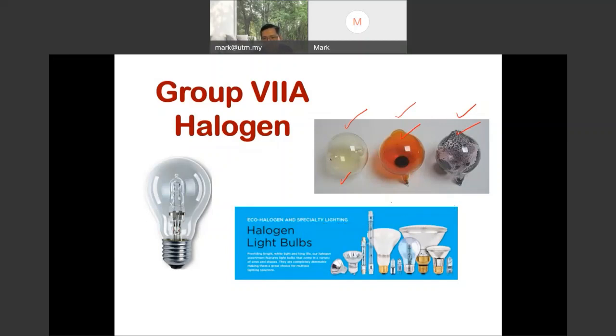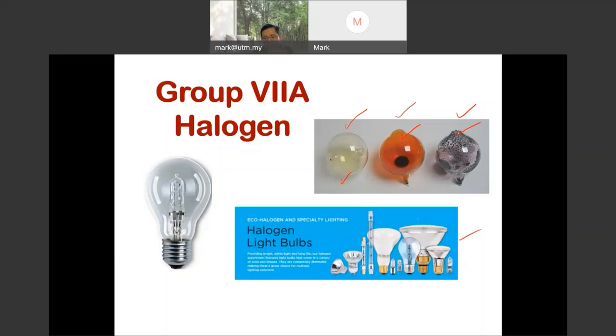Halogen is also used in halogen light bulbs to fill up the space in the incandescent light bulb. It also helps to prevent the degradation of the filament, normally a tungsten filament. This tungsten will vaporize and deposit on the inner layer of the incandescent bulb.